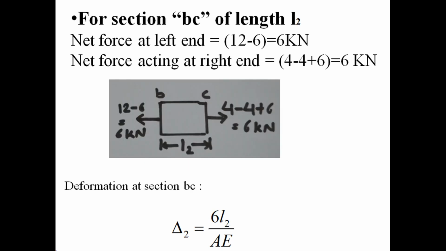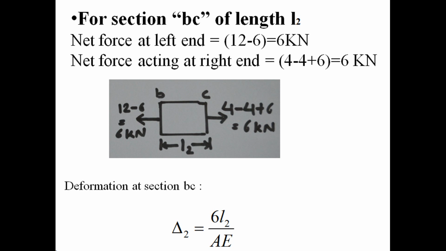Similarly, we take section BC of length L2. Here we will apply the same formula. We will find the net force at the left end. You can see in the diagram, the net force at the left end will be 12 minus 6, which is equivalent to 6 kilonewton, and the net force at the right end, by a similar formula, 4 minus 4 plus 6, is again equivalent to 6 kilonewton.